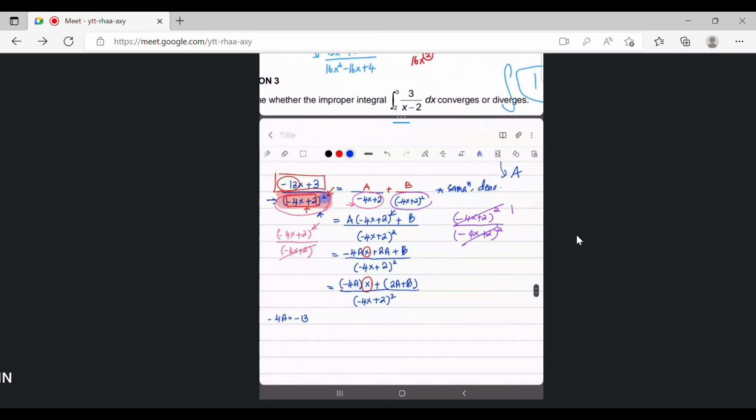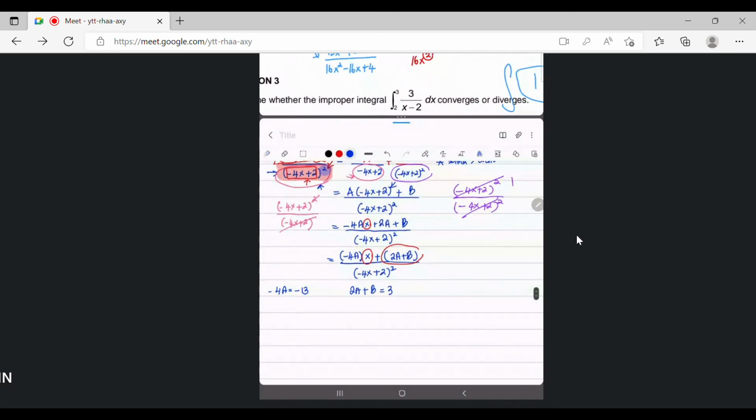Okay. And then, yang ini, tak ada X kan? So akan samakan dengan 3. Ambil yang mana kuasa yang tadi X lah. So 2A plus B is equal to 3. Okay, solve for A and B.